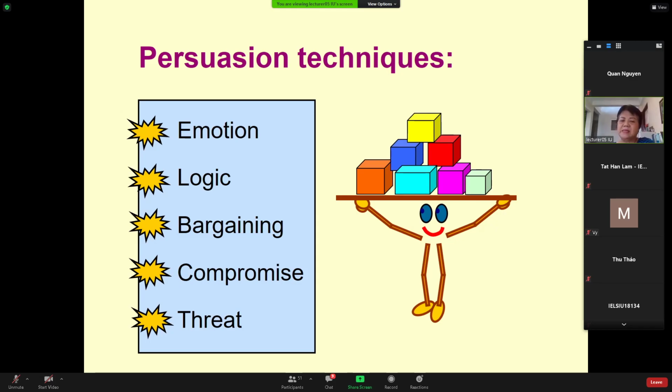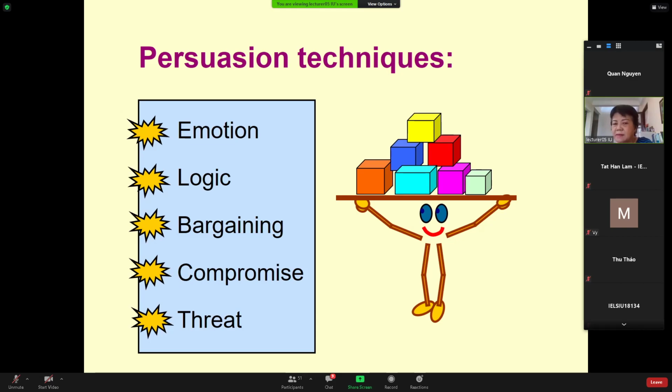Persuasion techniques means that we have to share the emotion, then the logic, we have to bargain, we have to compromise, and sometimes we show some threat to the buyer, to the supplier, to the seller. All of those we call persuasion techniques during the negotiation: emotion, logic, bargaining, compromise, and threat.